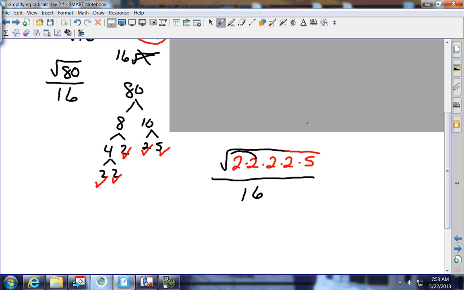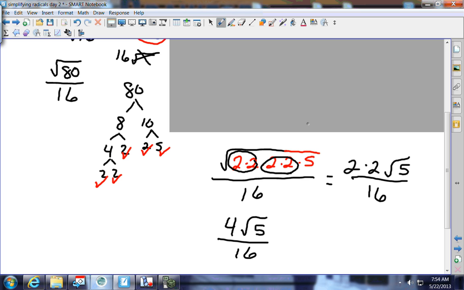Now, this 2 comes outside the square root sign. This 2 comes outside the square root sign. What's left inside? The 5 over 16. We're still not done. 2 times 2 is 4 square root of 5 over 16.